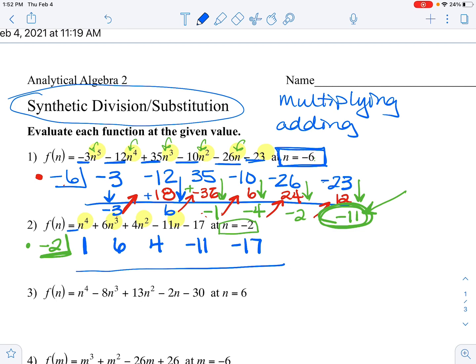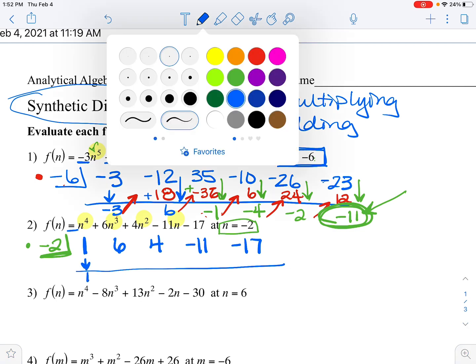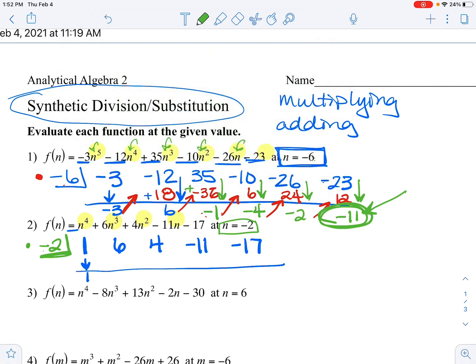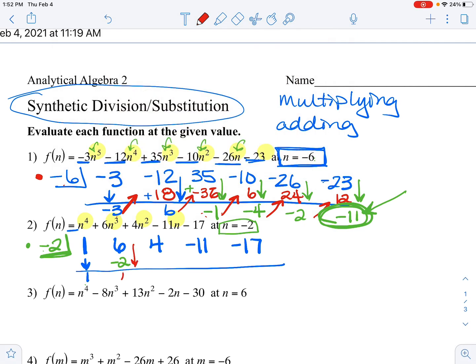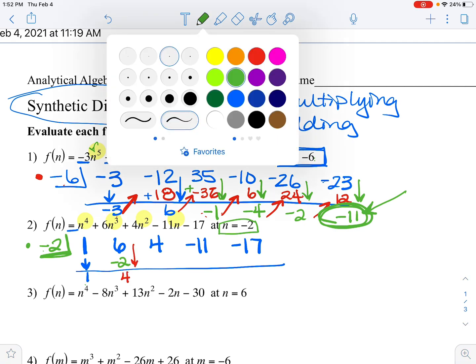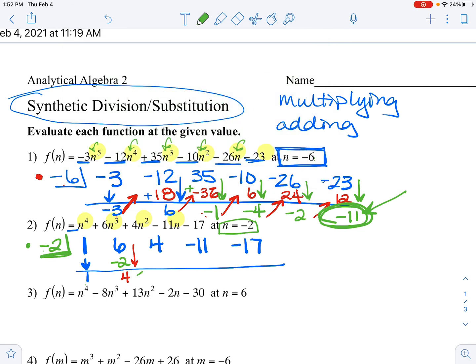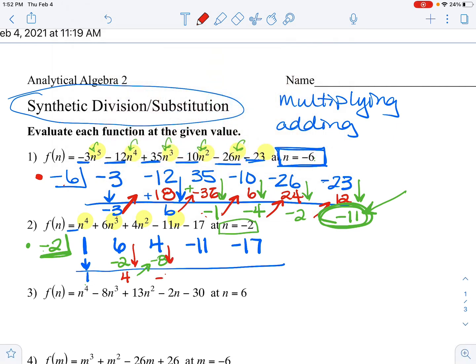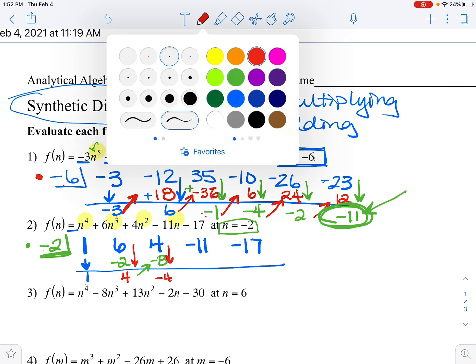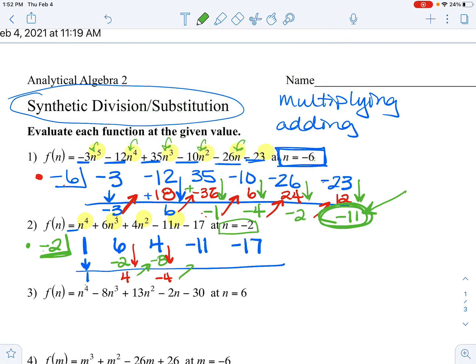So first step is always to bring it down. You are going to multiply. Negative 2 times 1 is a negative 2. Add straight down. Multiply. Negative 2 times 4 is a negative 8. Add straight down. Negative 2 times negative 4 is a positive 8.